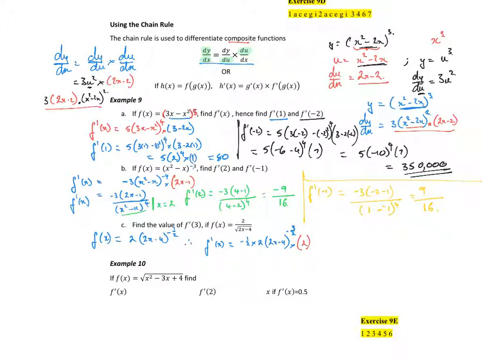All right, so let's write f dashed of x equal to 2 times negative a half is negative 1, times 2 is negative 2, negative 2 over 2x minus 4 to the 3 on 2.